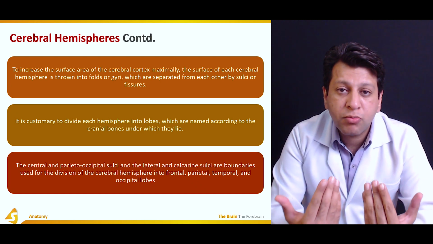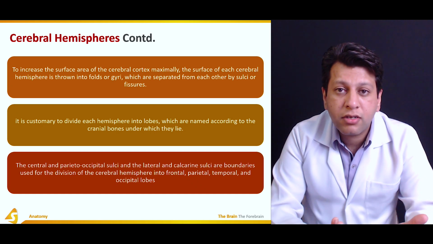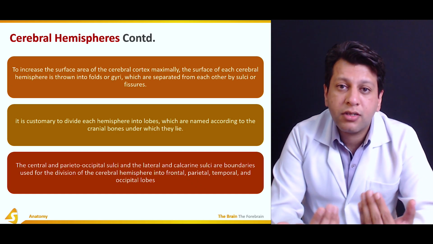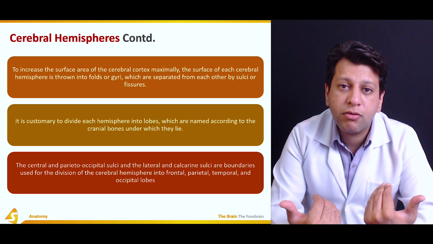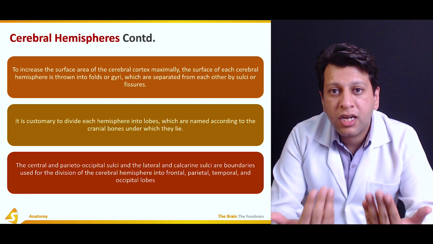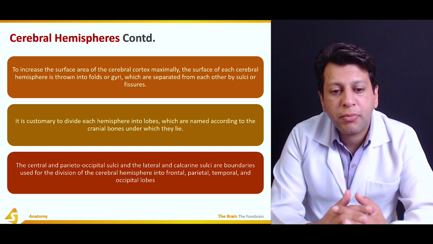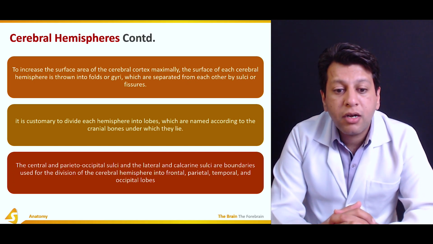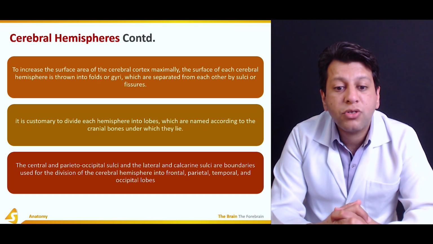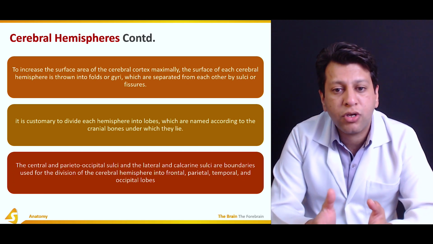The frontal lobe is anterior and lies under the frontal bone. Then towards the side there's the temporal lobe, towards the superior lateral aspect we have the parietal lobe, and posteriorly there is the occipital lobe. The central and parieto-occipital sulci and the lateral and calcarine sulci are the boundaries used for division of the cerebral hemispheres into frontal, parietal, temporal, and occipital lobes.